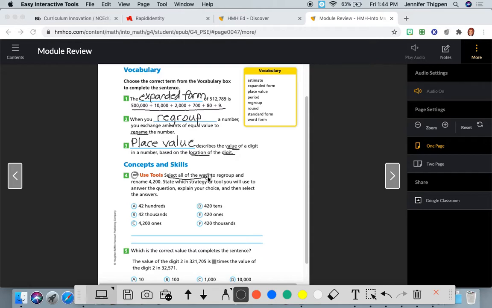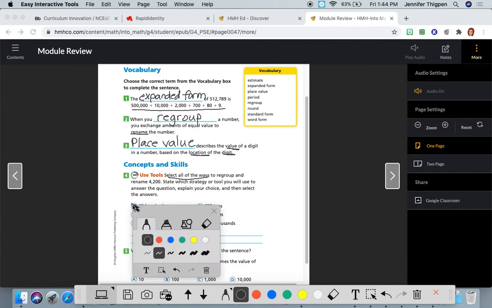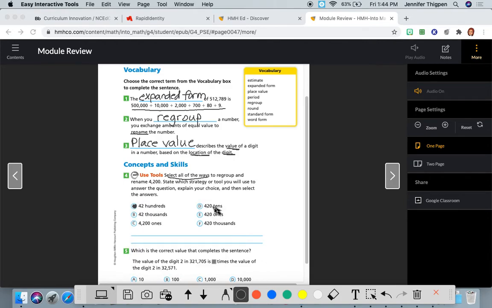So your first answer should be, I'm going to bubble that in, 4,200. Our second answer to regroup, we could regroup by ones. So 4,200 ones. Another possible choice that you should have bubbled in was 420 tens.